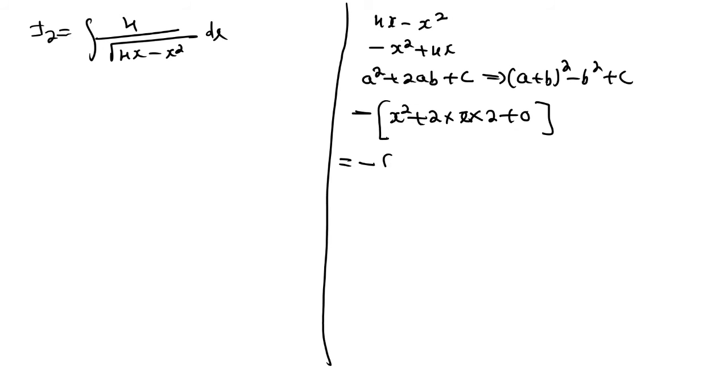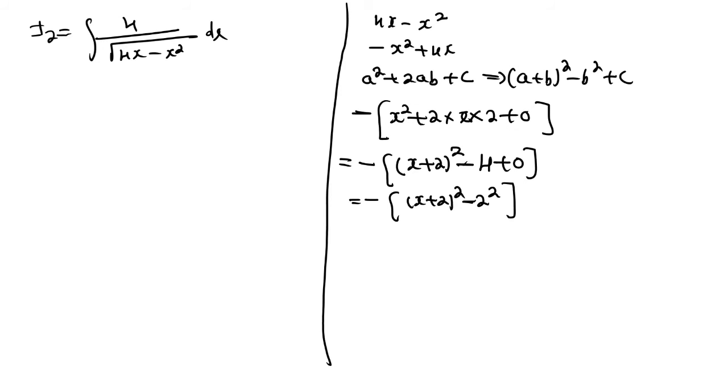It's equal to minus, then write it in this form, a plus b whole square, x plus 2 whole square, minus b square. b square value is 2 square is 4, plus c equal to 0. So it's equal to minus, see, x plus 2 whole square minus 4, which can be written as 2 square. Take this minus sign inside the bracket.